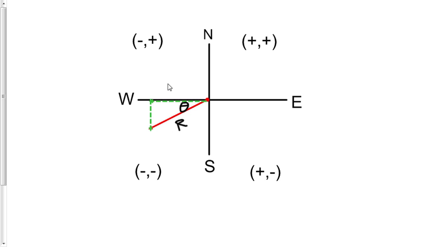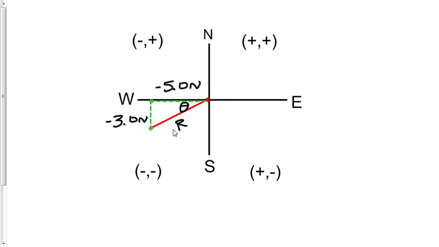Let's say our x value is 5.0 newtons and our y value is 3.0 newtons. Looking at this quadrant, we're in the minus minus quadrant here, so we have a negative for our x and a negative for our y. This would then be our south of west quadrant.